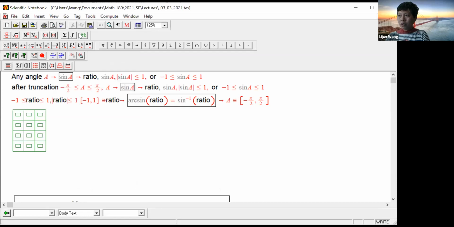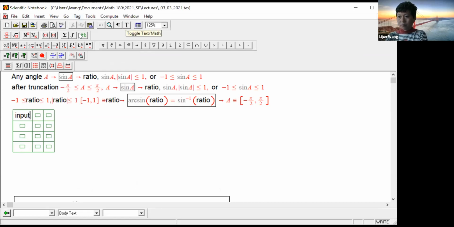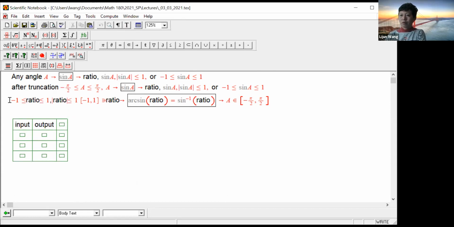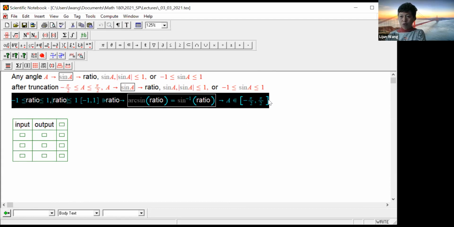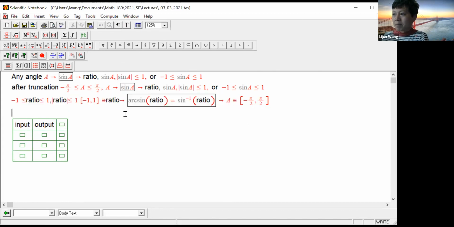We're going to look at the input for sine, for the truncated function, and the output. This input and output is for which function? For this truncated function. We rarely use it, but today we're going to take a close look at it. So for this truncated function, I'm going to use a somewhat simple table.